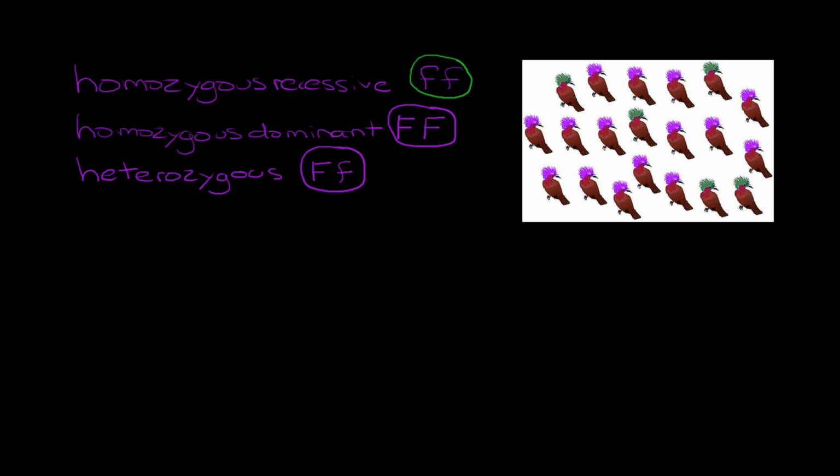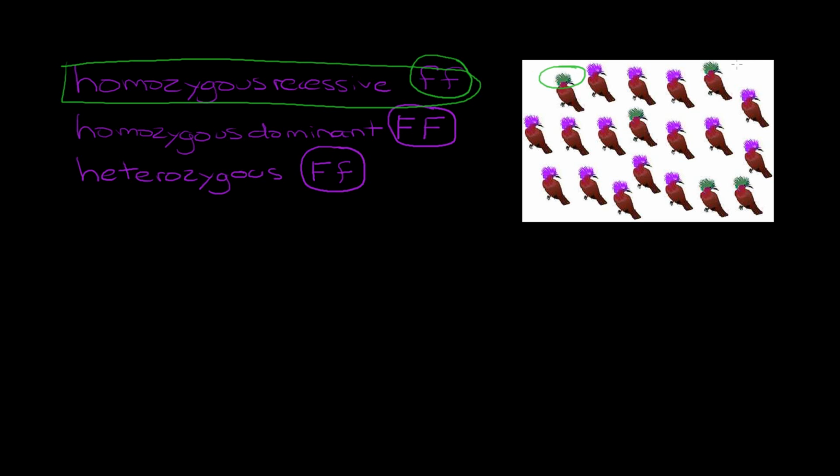Okay, with that said, let's first count up how many homozygous recessive individuals are in this bird population. There are 20 birds in this bird population, I promise you. But we're just going to count the green feathered ones.